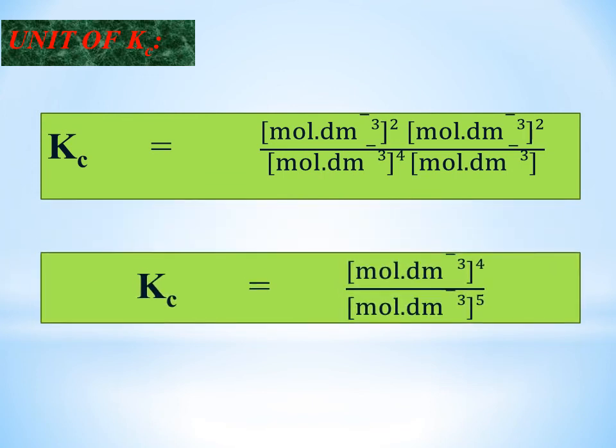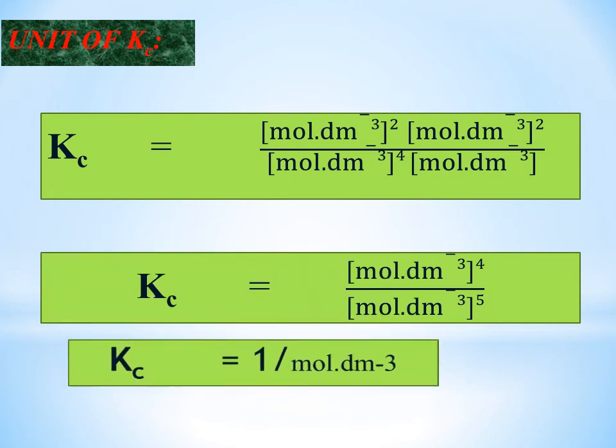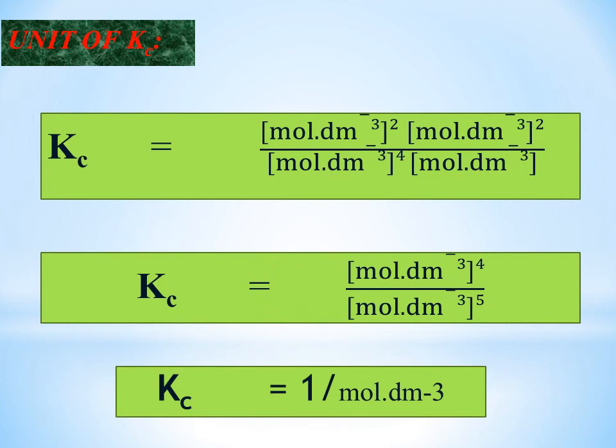Now the next step will be 2 and 2, 4, so we will have 4 mole per decimeter cube, and in the subscript we will have 4 and 1, 5, so 5 mole per decimeter cube. So these 4 mole per decimeter cube in the superscript will cancel with this mole per decimeter cube in the subscript, and as a result we will have 1 by mole per decimeter cube. So this will be the unit of Kc for this reaction number 4.